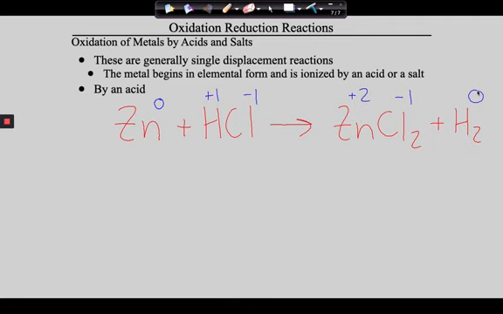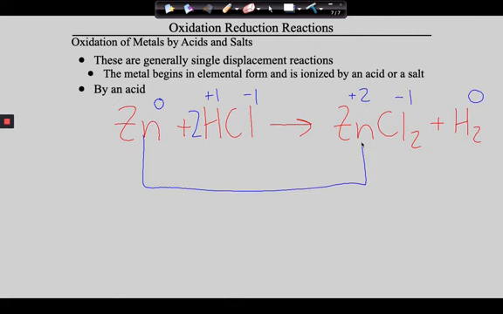By the way, we should balance this. You guys good? Okay. So now, the last thing we need to do is track electrons. Whose charges are changing? Did zinc's charge change? It did. So do this with me.